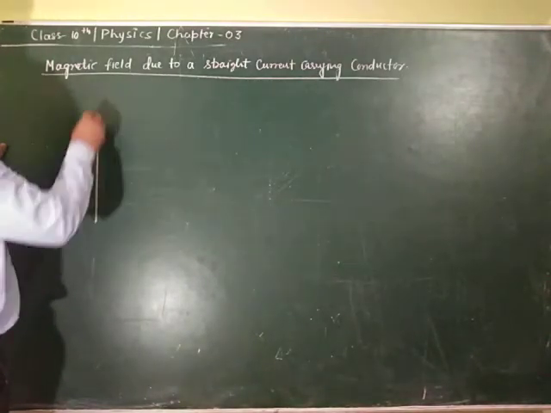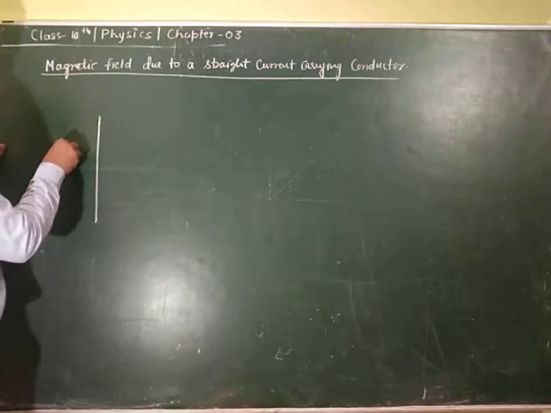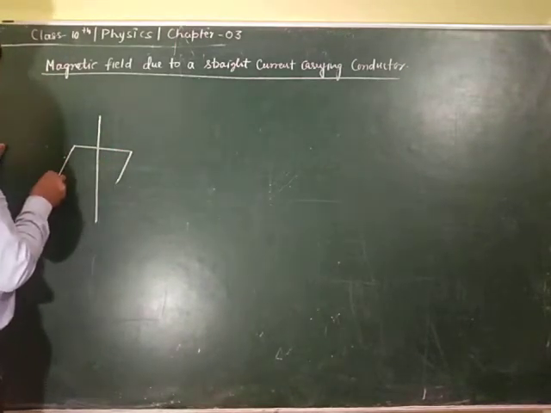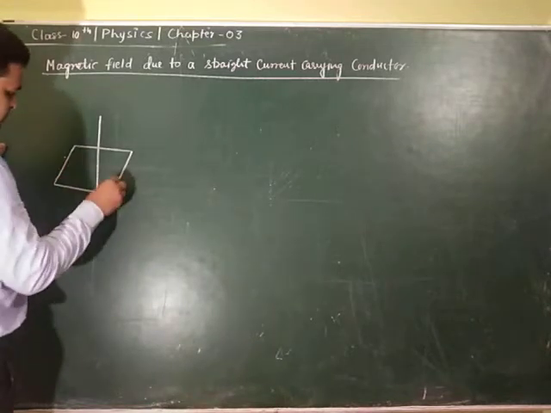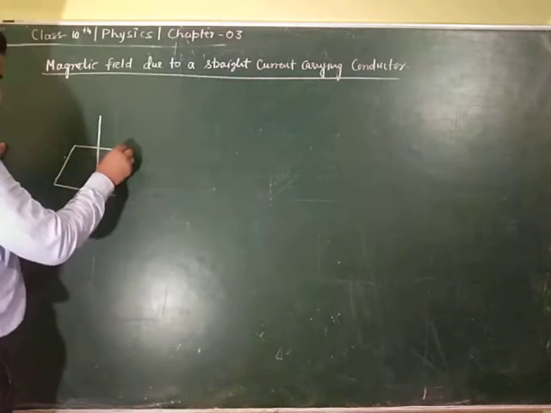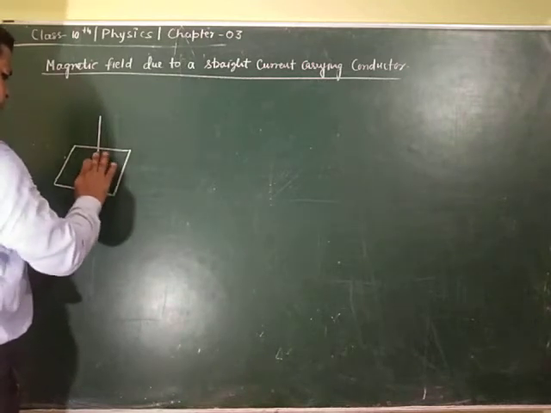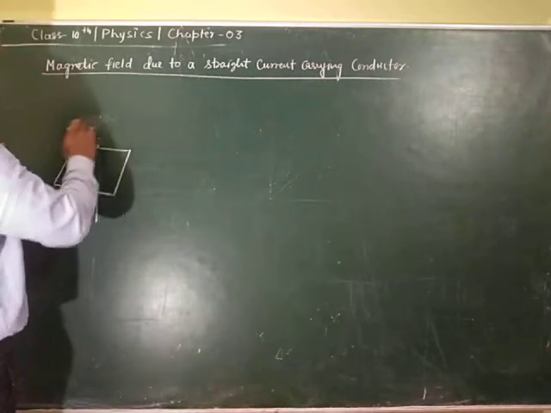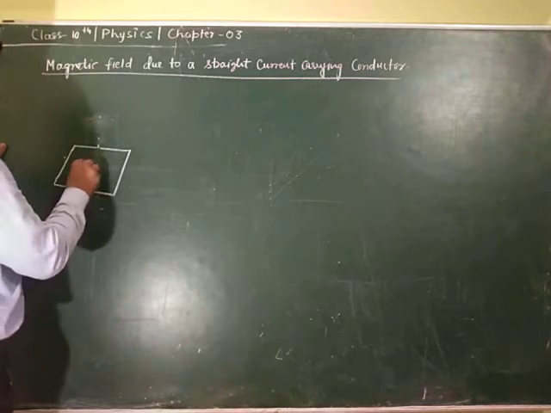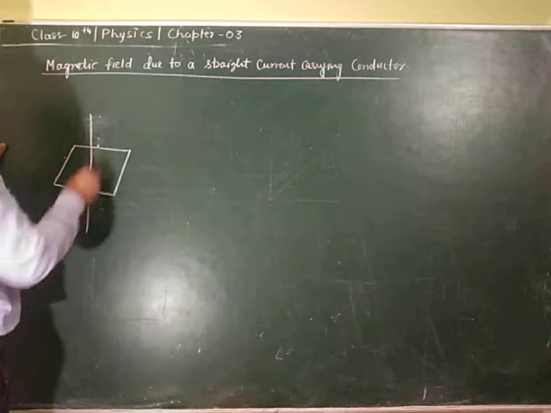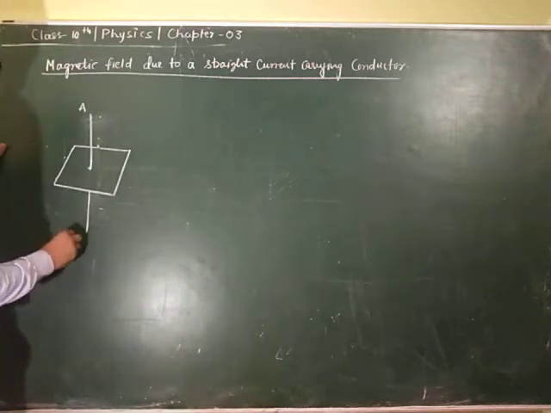this is a current carrying conductor, and I will make a cardboard also here. Let me make it again. This AB is a current carrying conductor.